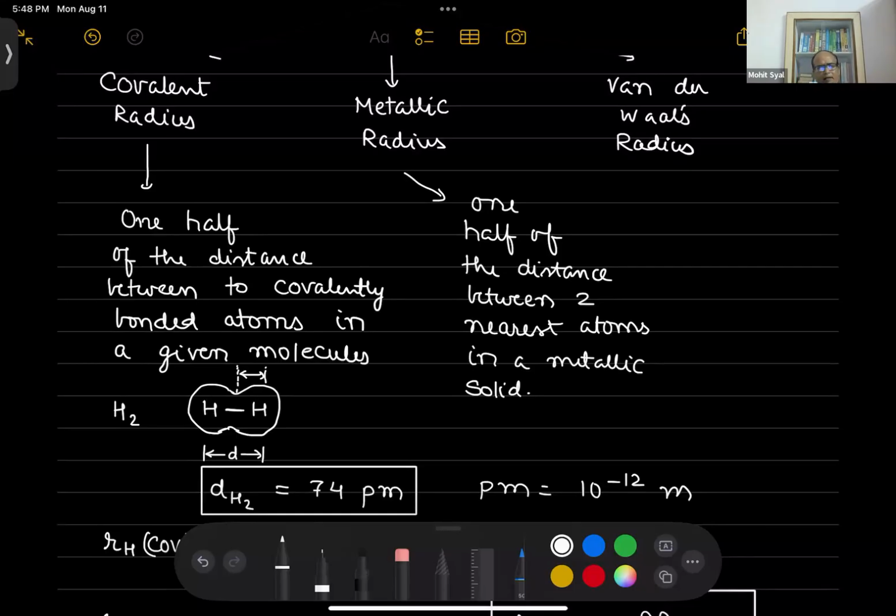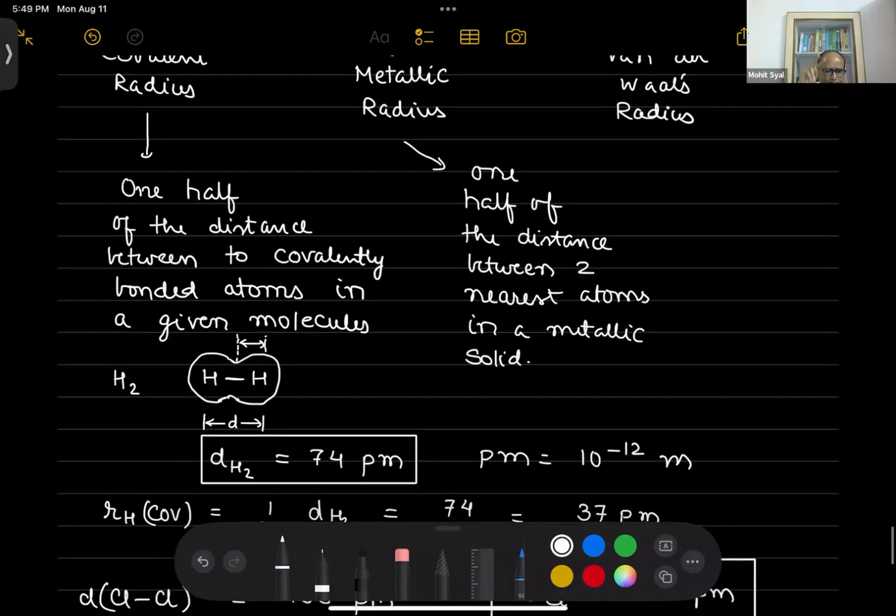So you take a metallic solid and put X-ray on it. With the X-ray, the atoms appear as dots, the nuclei. So you take the two nearest atoms and you divide the distance by two. So one half of the distance. Is it clear?